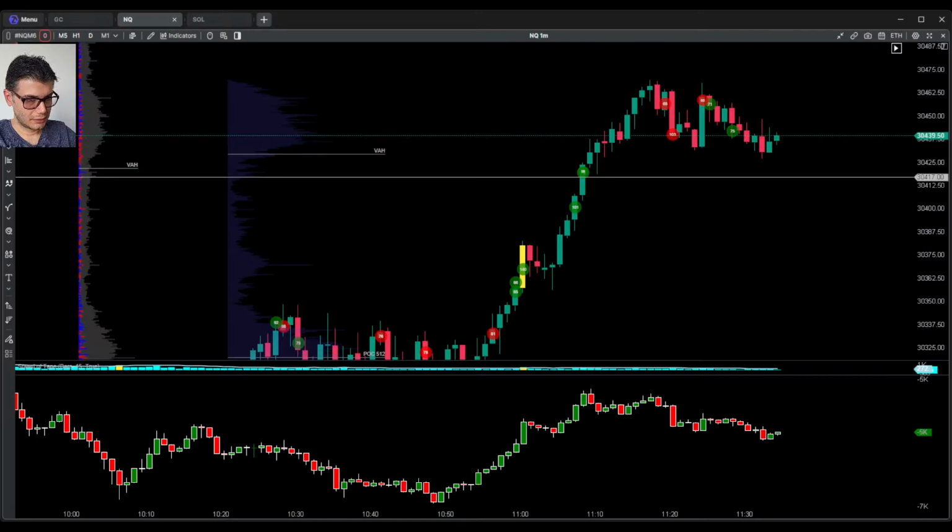And then 160 is 1-to-2. 260 is 1-to-2. Okay. Let's see about this trade. How's it going to pan out?